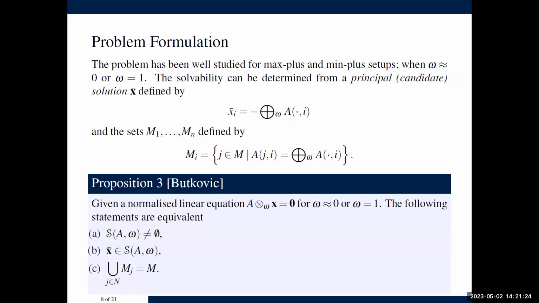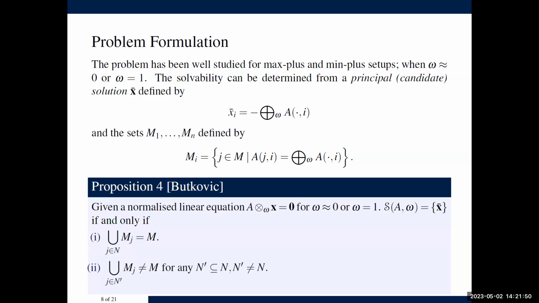This one is solvable if and only if X bar, which is the candidate, is the solution, and the third condition also holds, meaning that when we collect every active element in its columns, it will become M, which is the set from 1 until m, small m. And this is the condition for a unique solution.